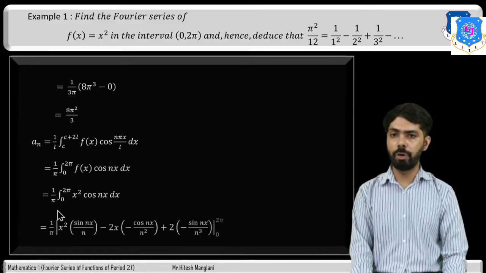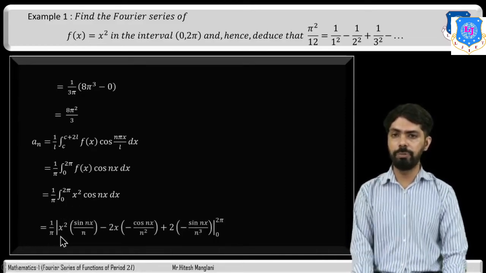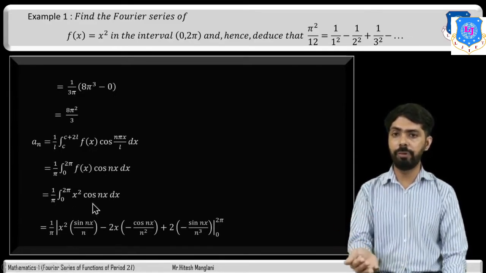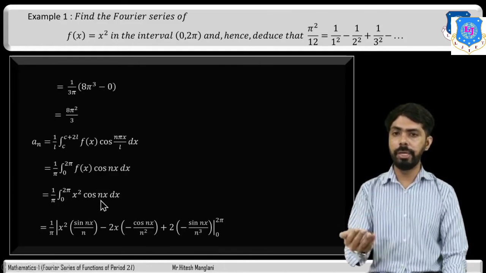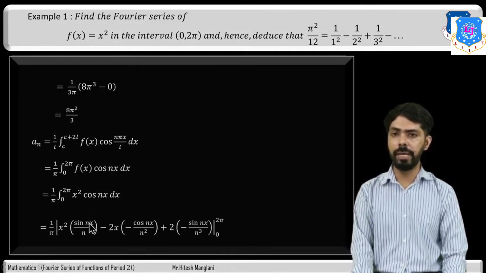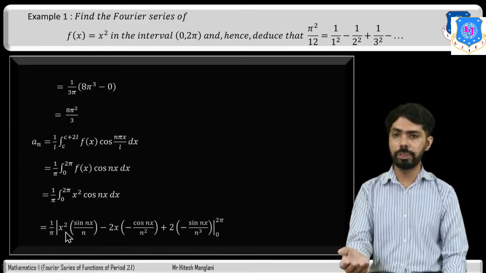This way we will use Bernoulli's formula. So first of all, 1 divided by pi will be as it is. The first function is x square, so it will be as it is. Then integration of the second function. The second function is cos nx, and integration of cos theta is sin theta. So it will be sin nx divided by n, because the coefficient of x is n. Then minus, now we will take the derivative of the first function. The derivative of x square will be 2x.